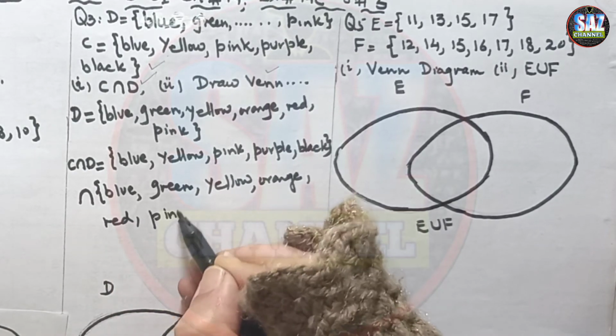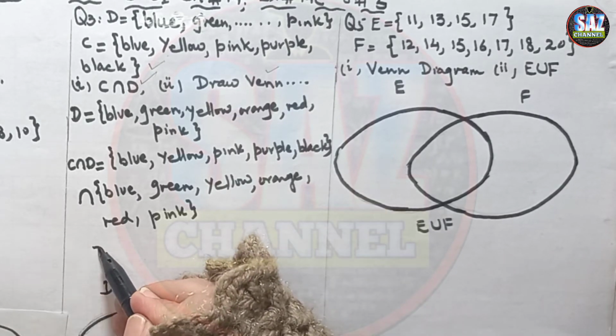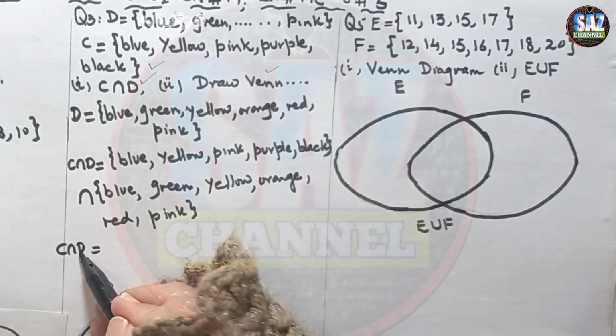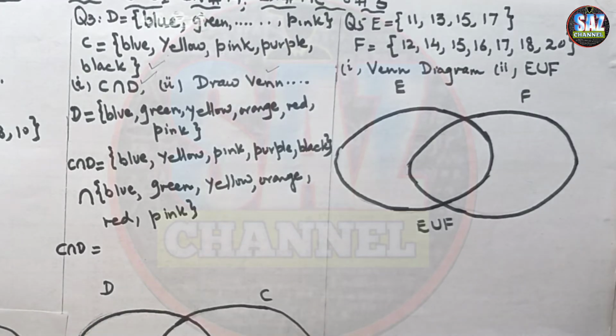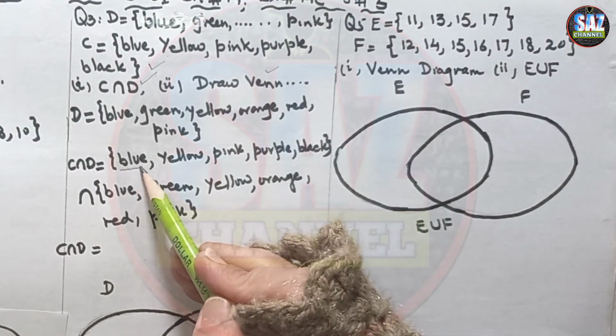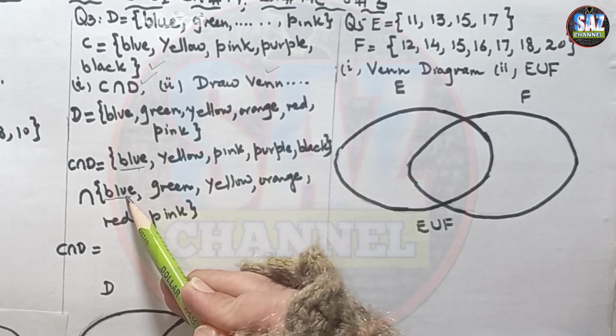Now after writing both the sets, we have to see which colors or which elements are common in both the sets. Set C has the first color blue and D also has blue.